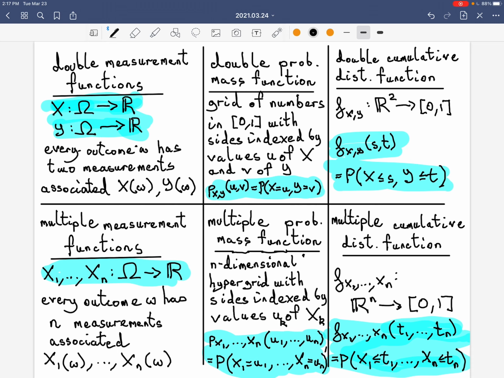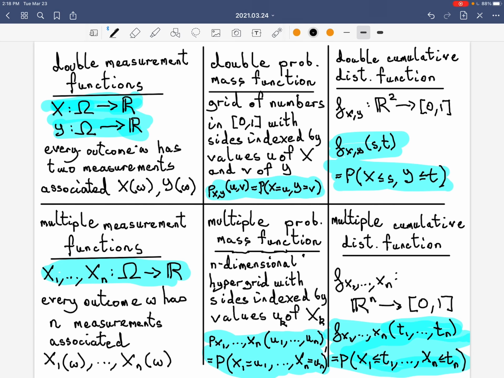Okay, so we can have a look at all this information, and let's read the top row first. So the top row of definitions describes how to think about two random variables which are being measured at the same time.